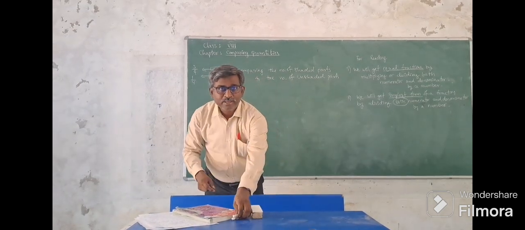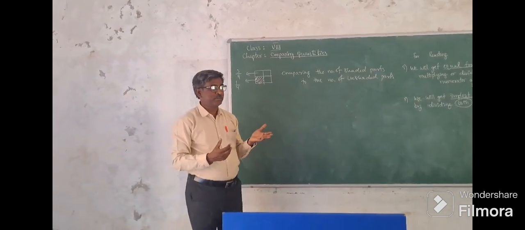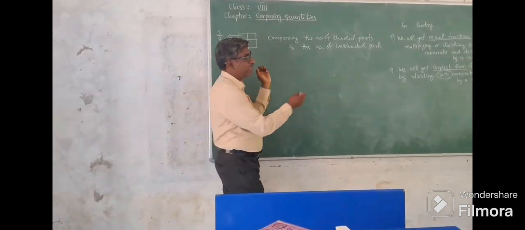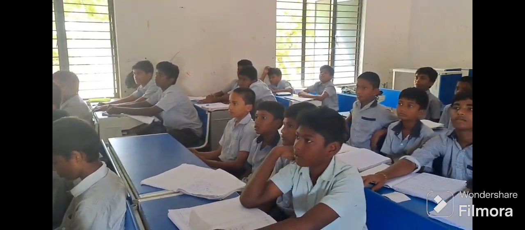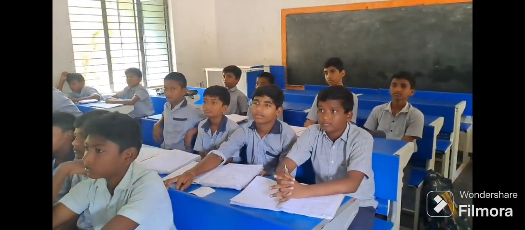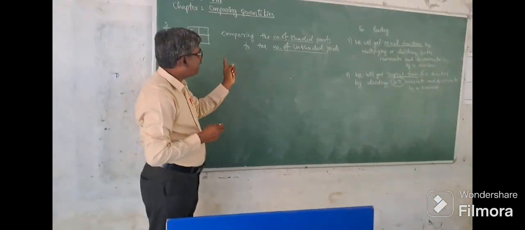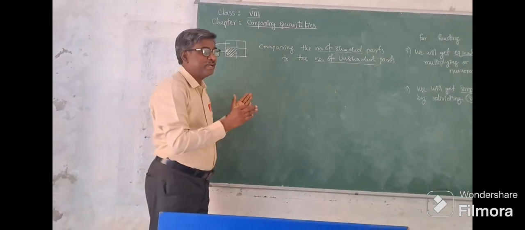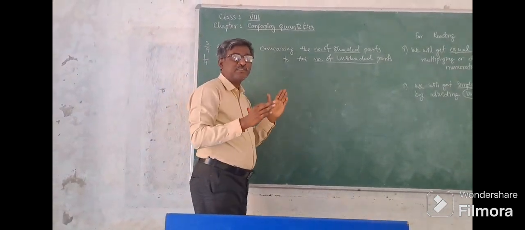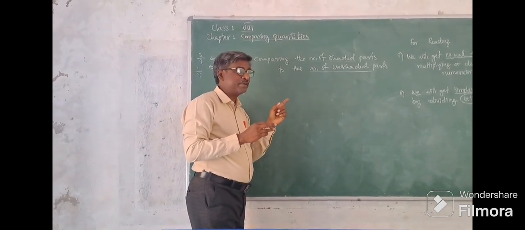So now the matter is about comparing. Here we are going to compare the number of shaded parts to the number of unshaded parts. How many shaded parts are there? Only 1. How many unshaded parts are there? 3. So can anybody say how you will represent such a comparison? There is a concept in mathematics. What is that?